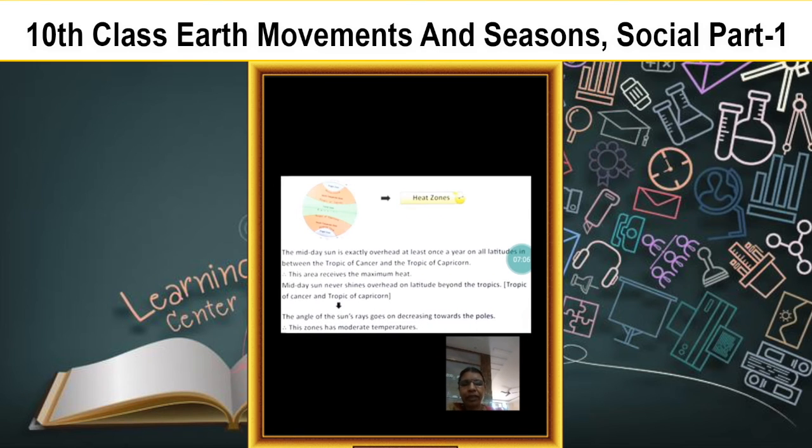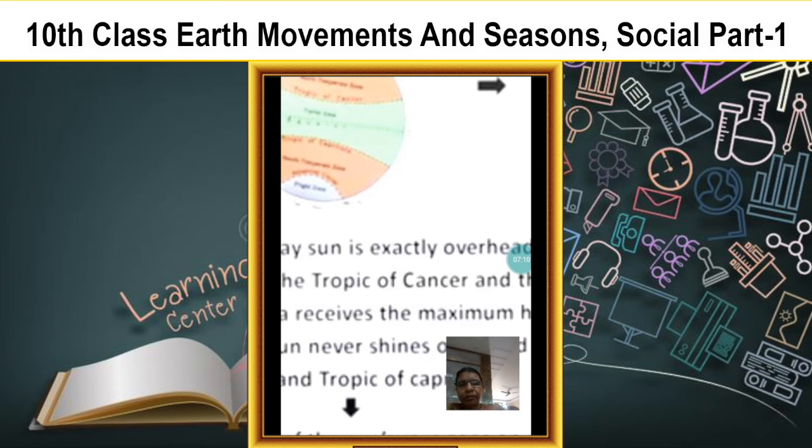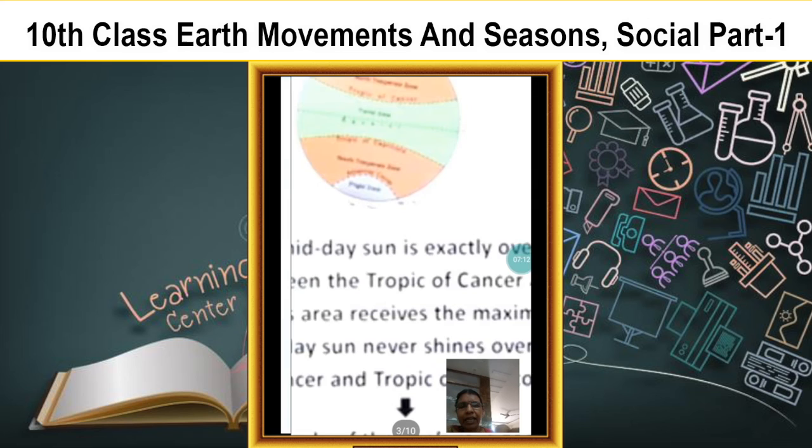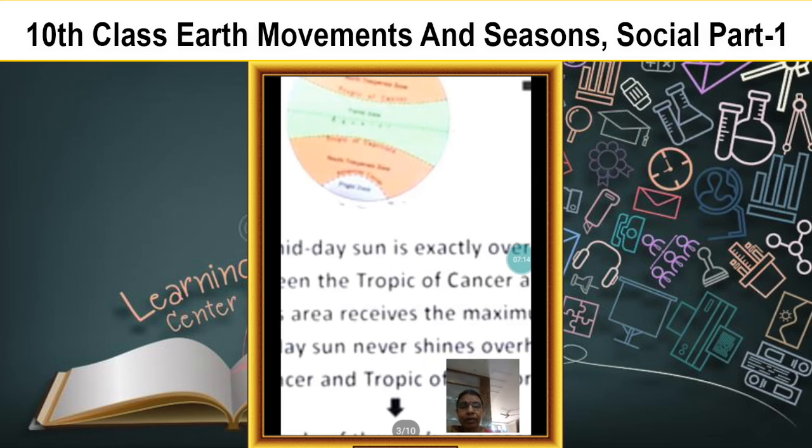Okay, up to this it is very clear, I think. Here the sun's rays fall vertically and it will receive maximum heat. In the temperate zone, it will receive lesser heat, and here the frigid zone. Our India lies here, children.